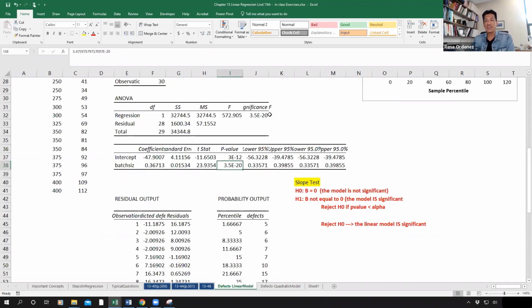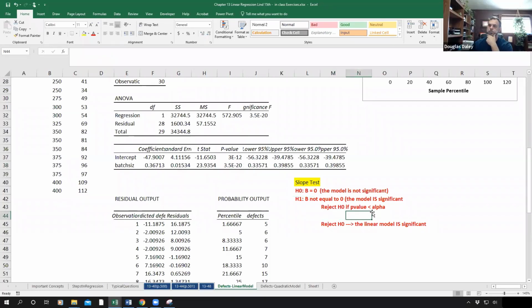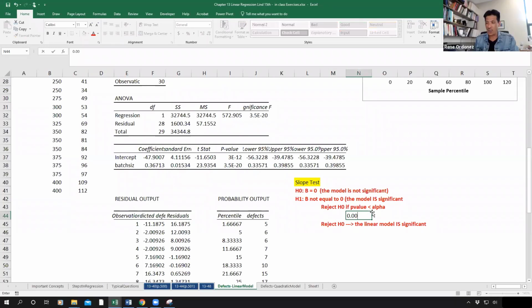Here's your p-value. There's like 0.0, and then how many zeros? 20 zeros before you start getting a number. So the p-value is almost 0.